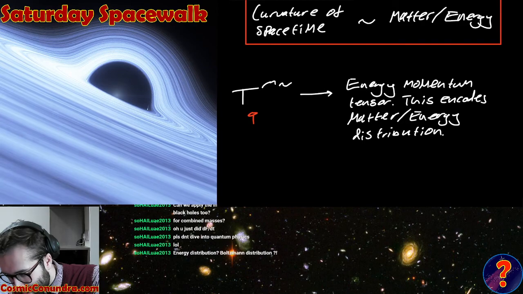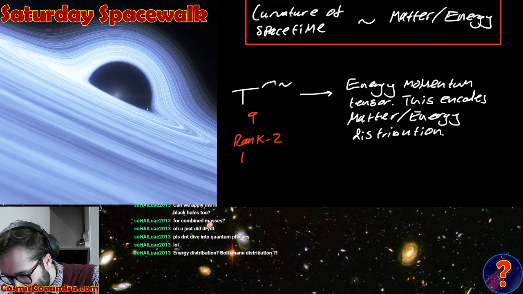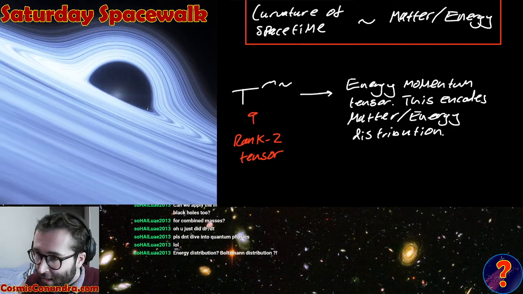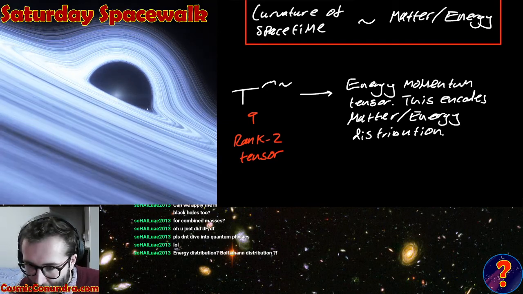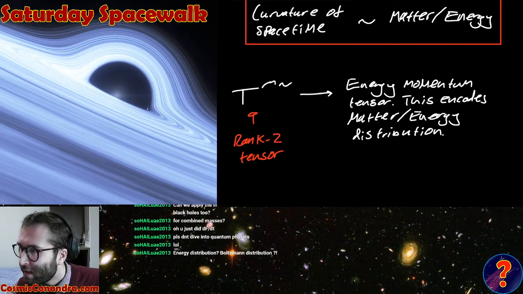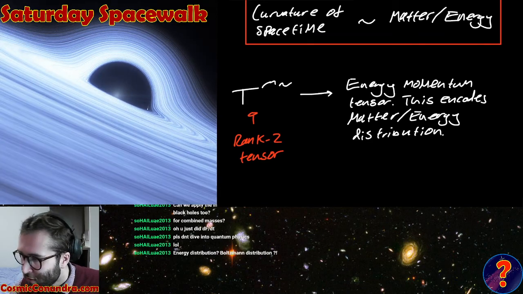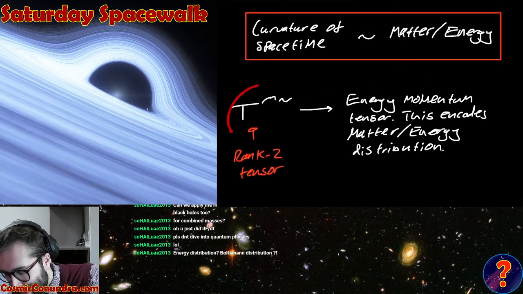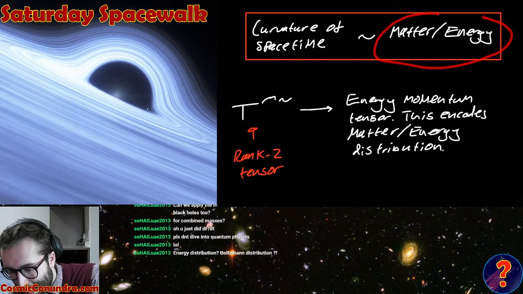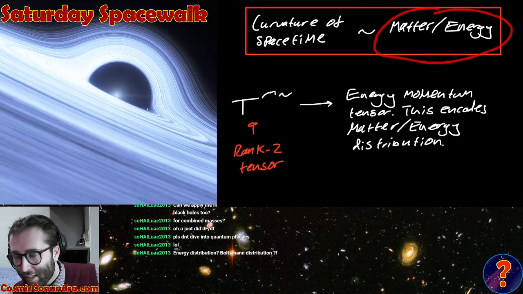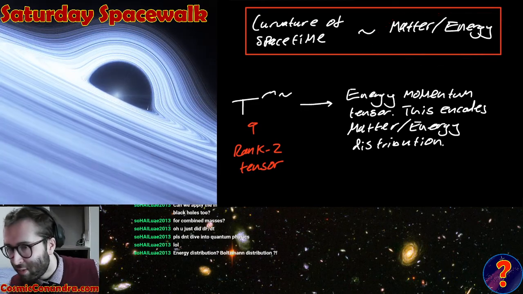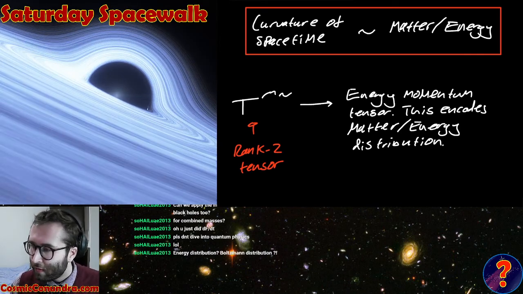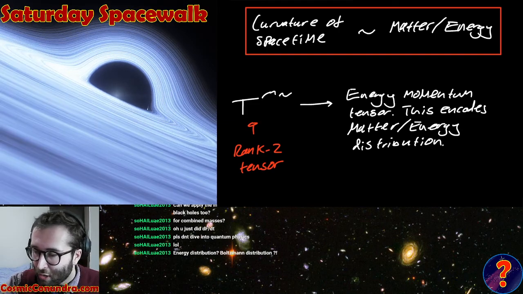So as a mathematical note, we note that this is a rank 2 tensor. Describing our energy and matter distribution in this way is an inspiration from special relativity. This is how we would describe things in special relativity in this tensorial way. We want it to be tensorial, as inspiration from special relativity, in that we don't want our description of gravity, our physics, to depend on a particular coordinate frame.